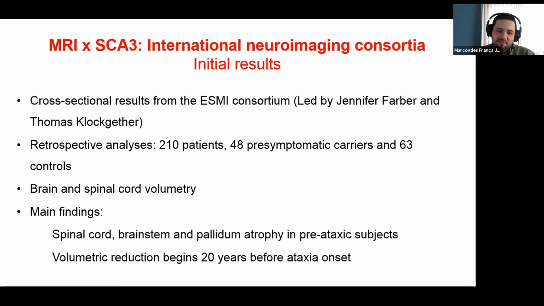Overall, the main findings were that the spinal cord, the brainstem, and the pallidum were all found to be atrophic already in pre-ataxic subjects. And more interestingly, they found that such volumetric reduction begins 20 years before ataxia onset. So this is something really interesting and really promising in terms of the use of imaging as a biomarker.